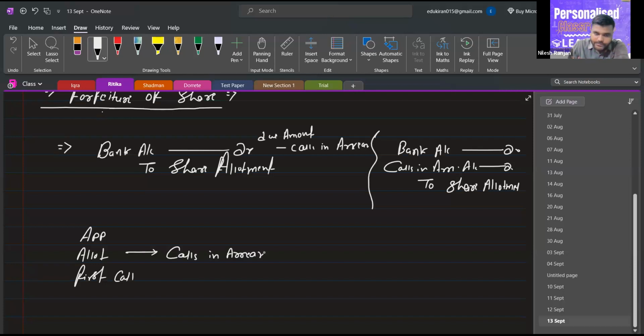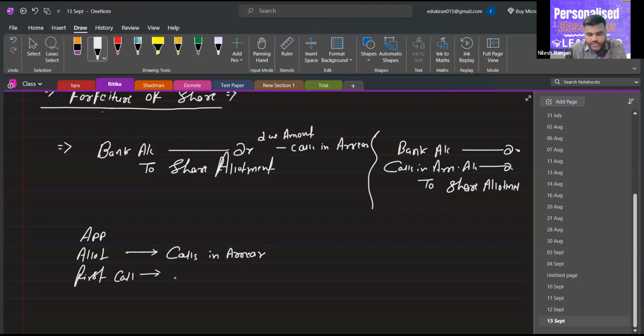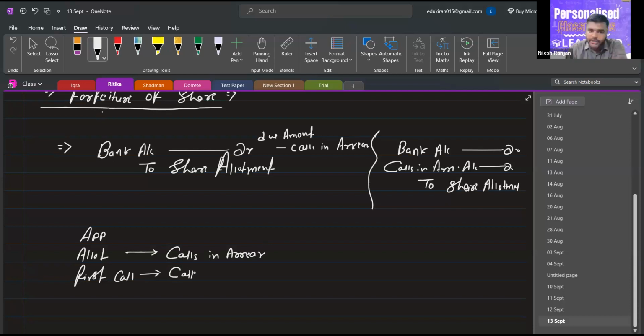Now, if someone has not paid the allotment money, will he pay the first call? No, he will not pay the first call money also.